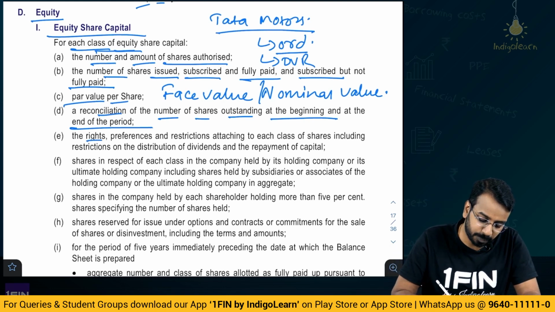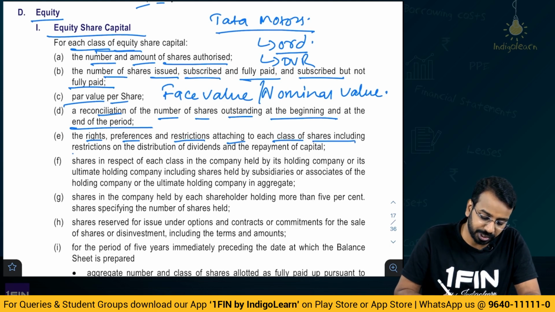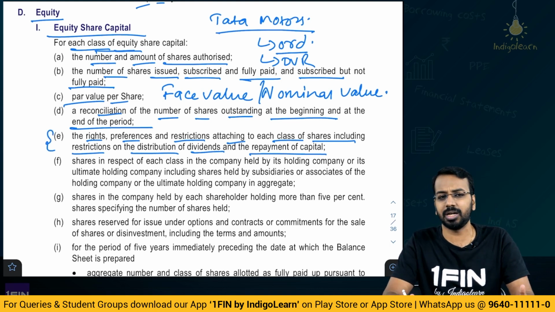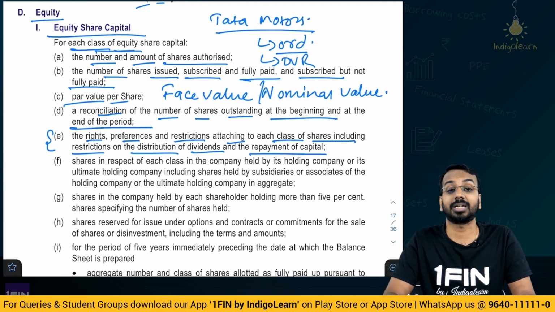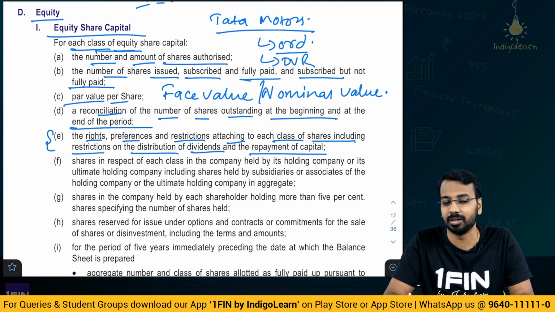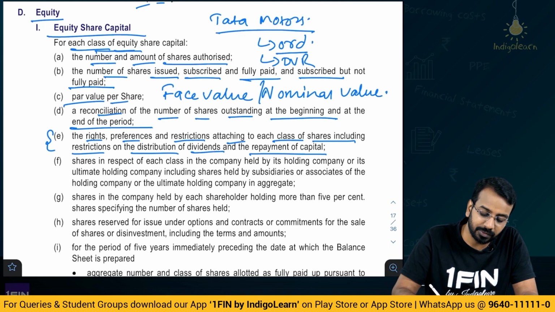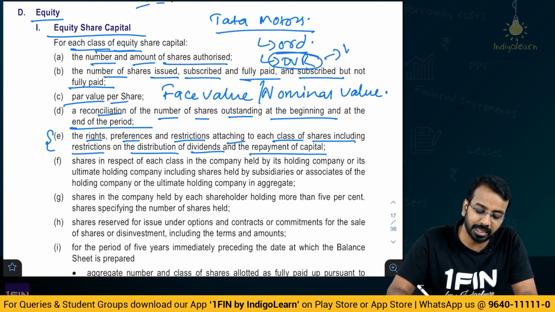Then the rights, preferences and restrictions attaching to each class of shares, including restrictions on the distribution of dividends and the repayment of capital. Now for ordinary shares there would not be any restriction, but for other classes of shares there may be some restrictions. For example, shares with differential voting rights, or in case of DVR for Tata Motors, they are entitled to higher dividend.